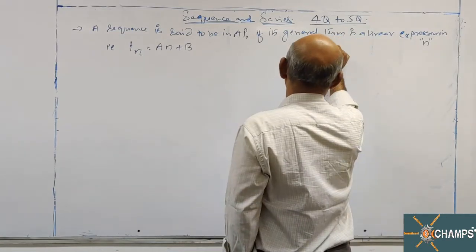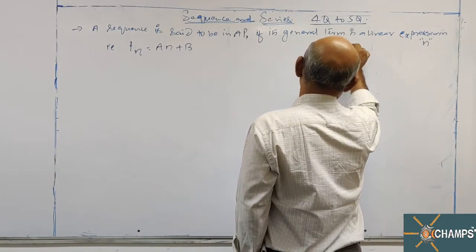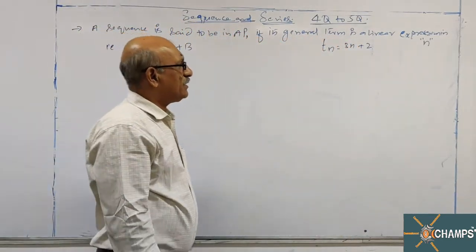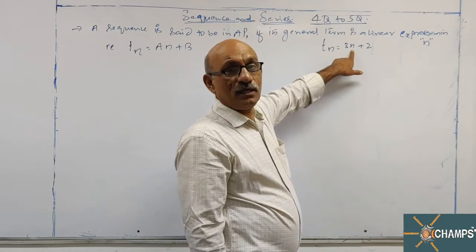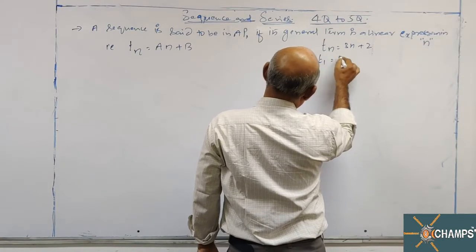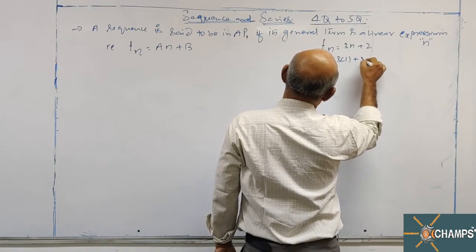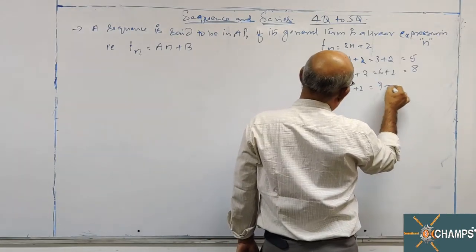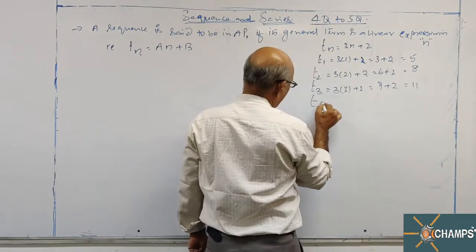Let us verify this. Let us take Tn is equal to 3n plus 2. It's a linear expression, n power is 1. Replace n with 1: 3 plus 2 is 5. T3 is 3 into 3 plus 2, 9 plus 2, 11.